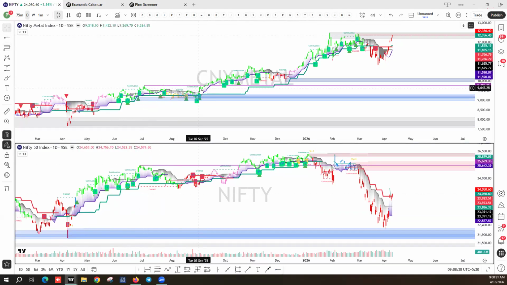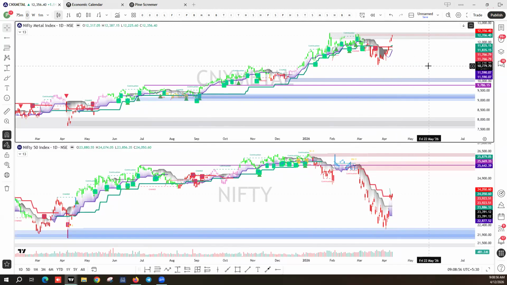In metals, it broke out here, but Nifty is below that high. So from here, the sector change has happened, and the metal index has started outperforming. Now also it is outperforming. When Nifty was going down significantly, it came down slowly, and it is again going up. So yes, metals are already performing well, and they are in good shape.